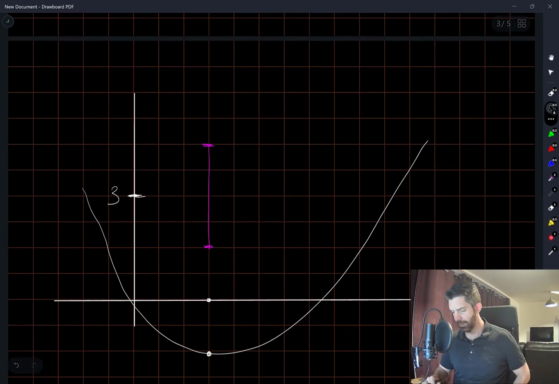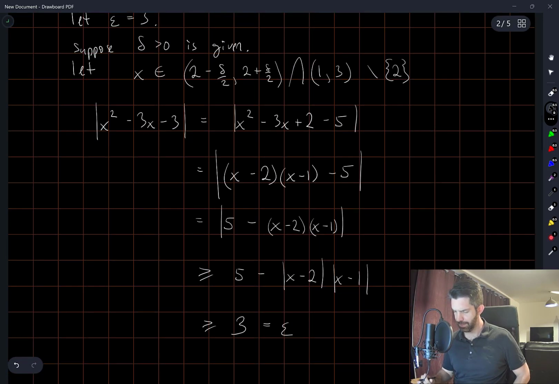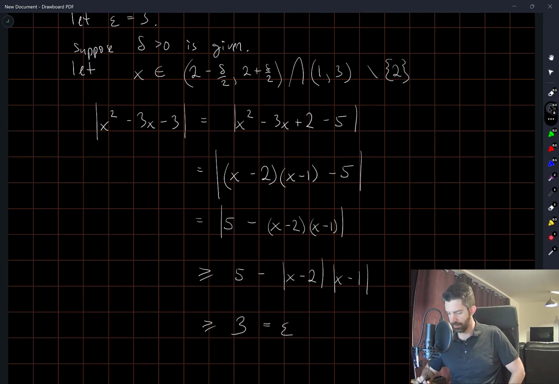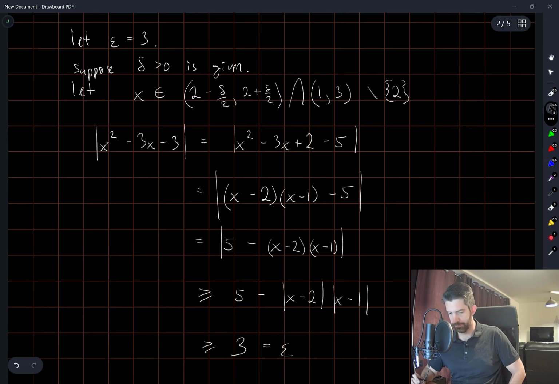So that's basically it. I'll admit, it's a little bit bizarre to be trying to prove that the value of a limit is not equal to a particular number.